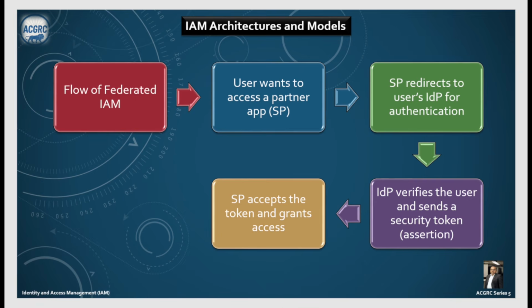You go to a website, which is your service provider, it would not authenticate. It would send the request to the identity provider, which is a separate organization, the organization you believe you are part of. And if your organization authenticates, it will just grant the access. It's not going to do a separate validation. So that's federated access.